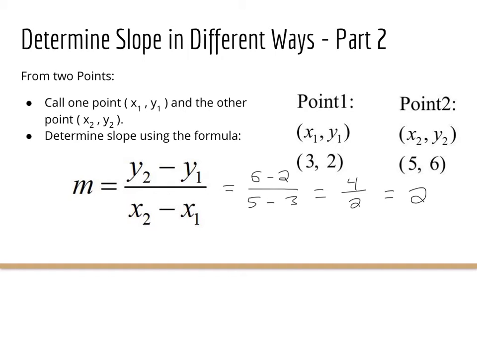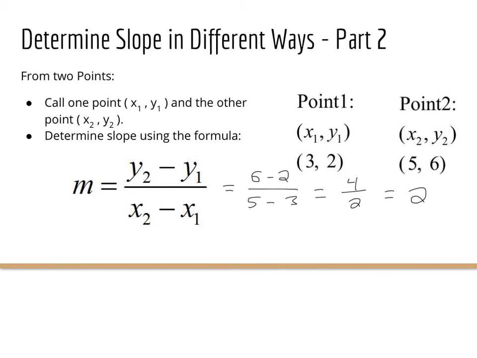We don't want to leave it as 2 over 1. Even though we're okay with fractions for slope, it's easier when we're writing an equation to use the whole number if it's a possibility. So if it reduces all the way to a whole number, leave it as just 2, not 2 over 1. We'll use 2 over 1 when we're using slope, maybe when we're multiplying by a fraction, but we have to leave it as 2 for our final answer to be fully simplified.